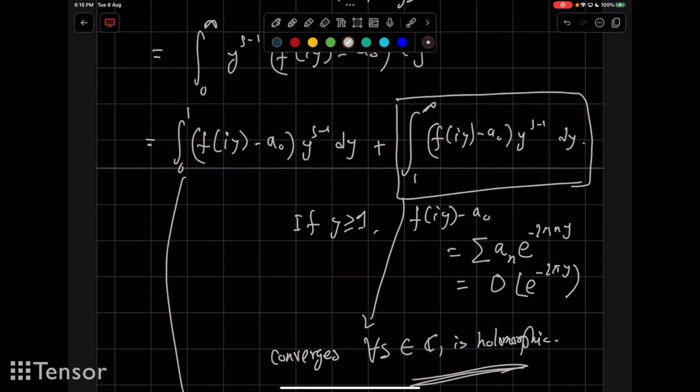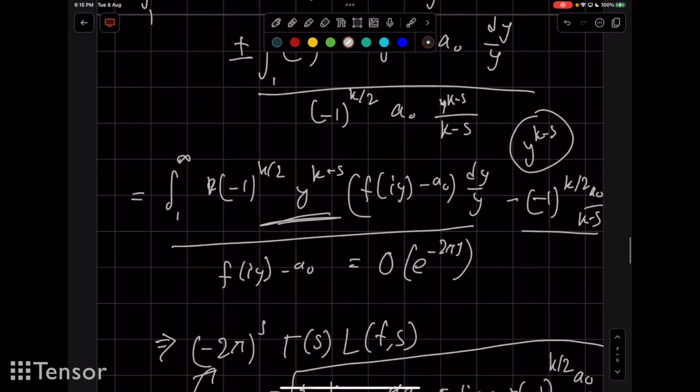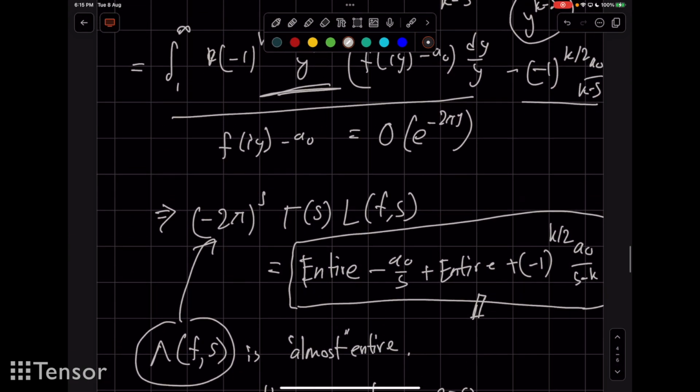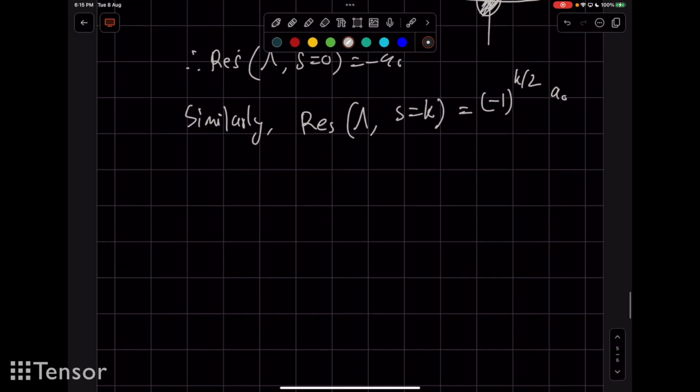Okay, I think it's better if I write both the integrals because we have two integrals. The constant terms: if I replace s by k minus s right here, I get a factor of (-1)^(k/2).